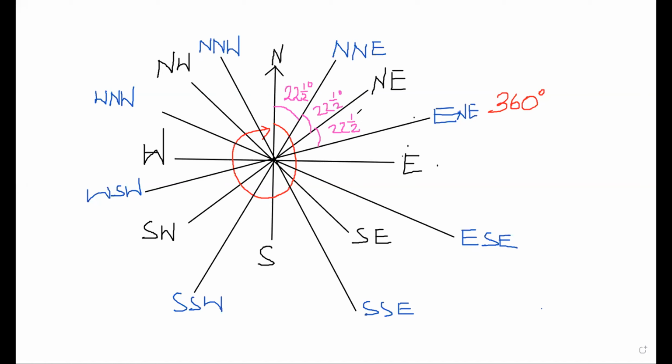When you add all of them, you get 360 degrees. You can as well multiply 22.5 by 16, and you will still get 360 degrees. So that's what we have for that compass.